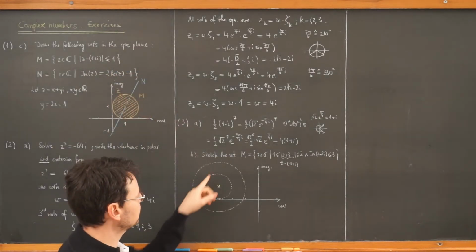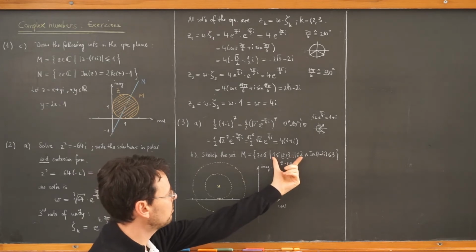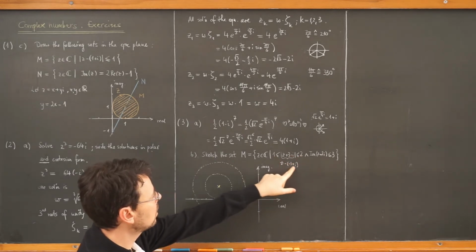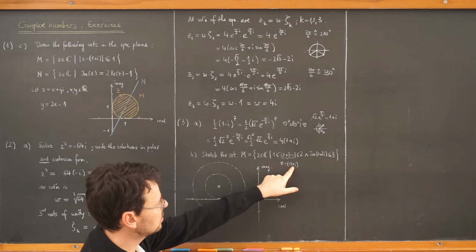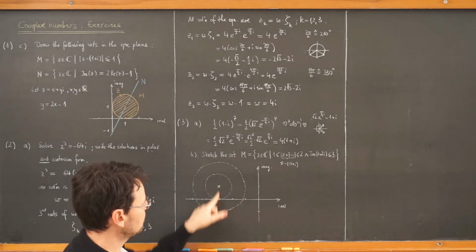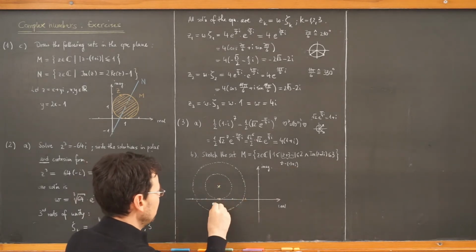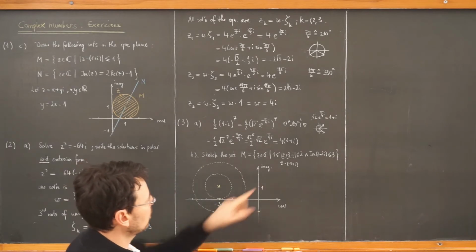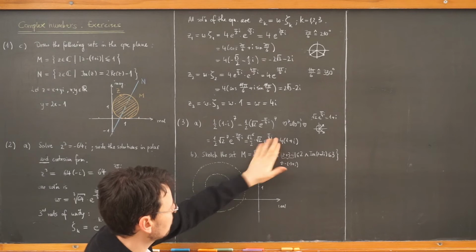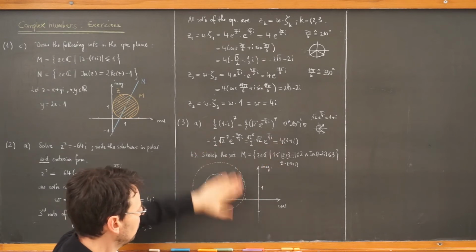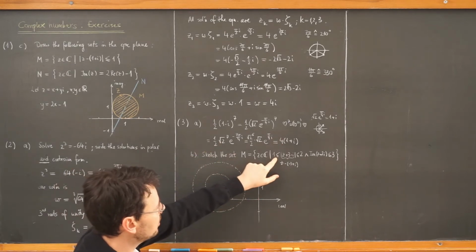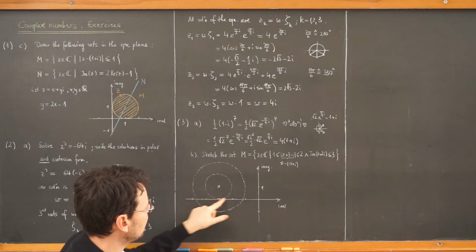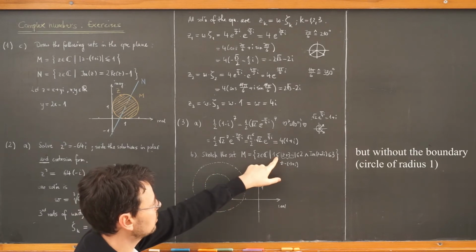Okay, here's a rough sketch of the set described by this first condition. Here the center is minus 3 plus i. Now this would be a disk of radius 2, so the whole thing. And this takes away the inner disk of radius 1.